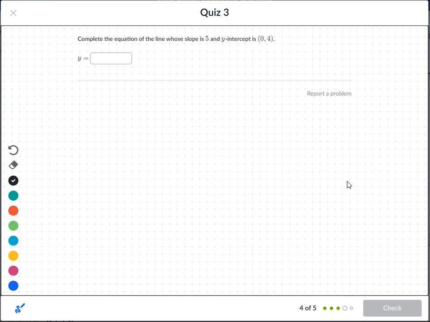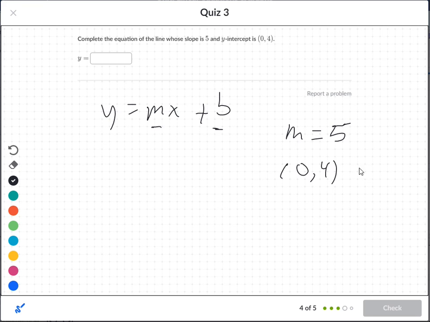Okay, now we want to complete the equation of the line whose slope is 5 and the y-intercept is 0, 4. We're going to use this formula right here, and this is the formula that you need to memorize. We're going to replace the m and the b. It says the slope is 5, so the m is 5. As for the b, they give you 0, 4.